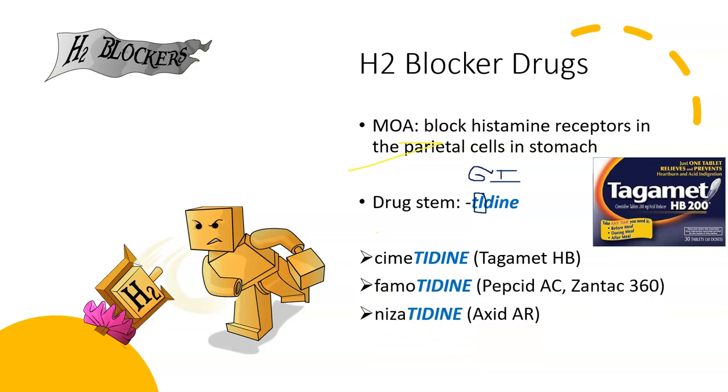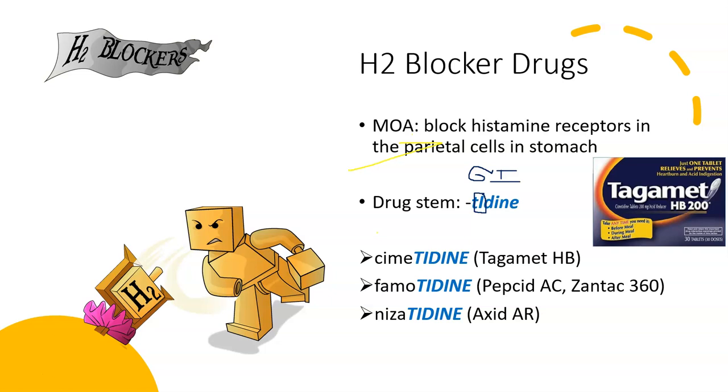Then we have famotidine, which is Pepcid or Pepcid AC, acid control. Zantac 360, that's mostly for name recognition. There was a different drug called ranitidine, which is no longer on the market, that used the brand name Zantac.